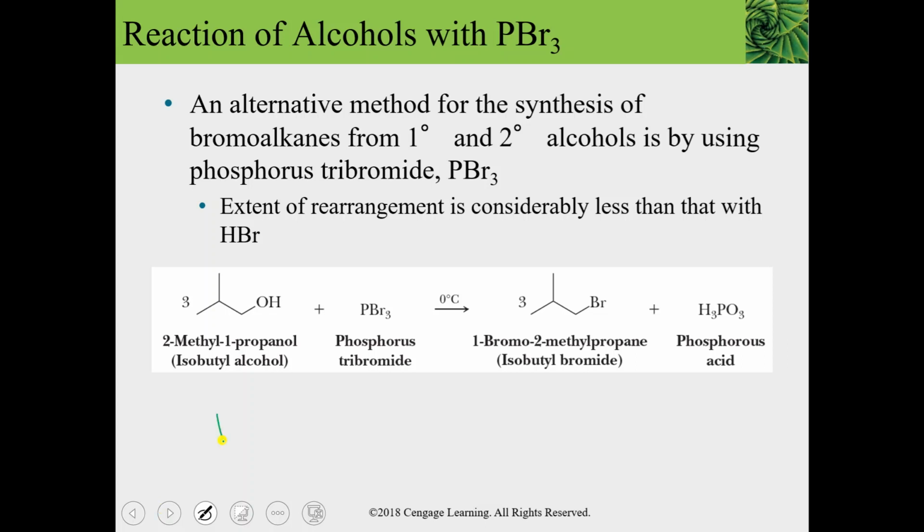So if we compare PBr3 to HBr, we're going to get significantly less rearrangement. Most rearrangements will happen with HBr. With the PBr3, not so much. Why? Because it pretty readily reacts and it'll go through pretty easily.